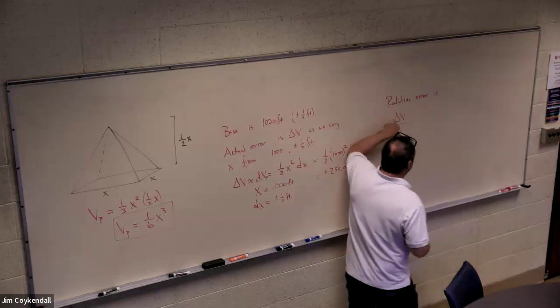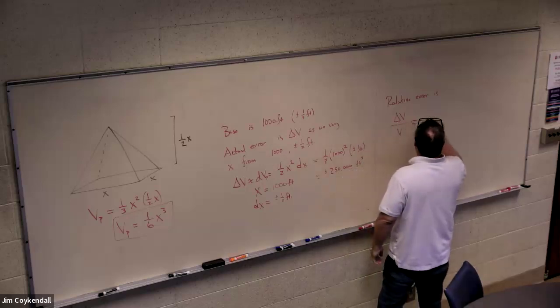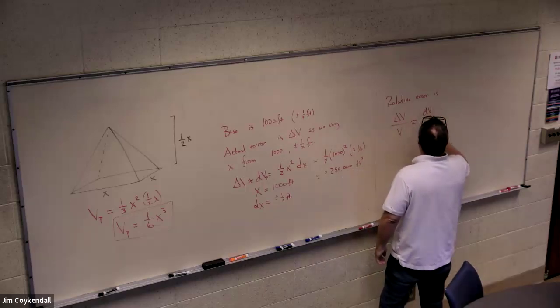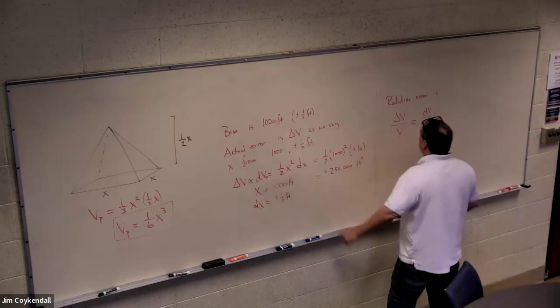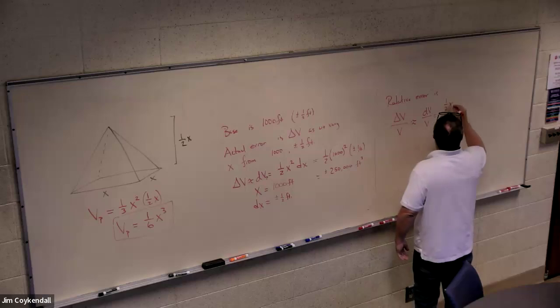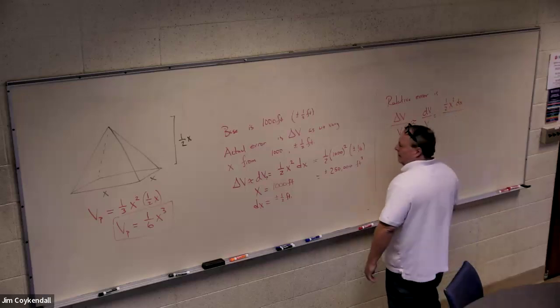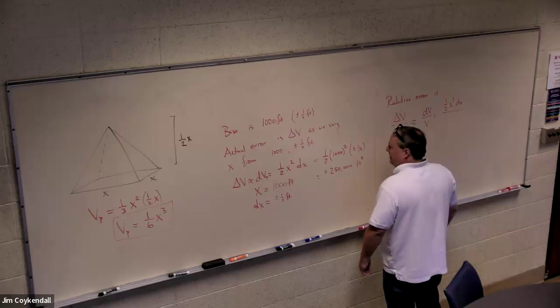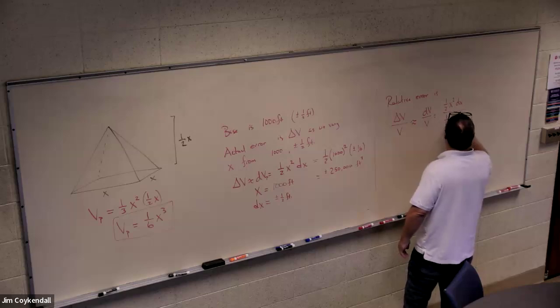This is theoretical minus experimental over theoretical. I'm going to approximate this by dV over V. Now my dV is 1/2 x squared dx, and my V is 1/6 x cubed.